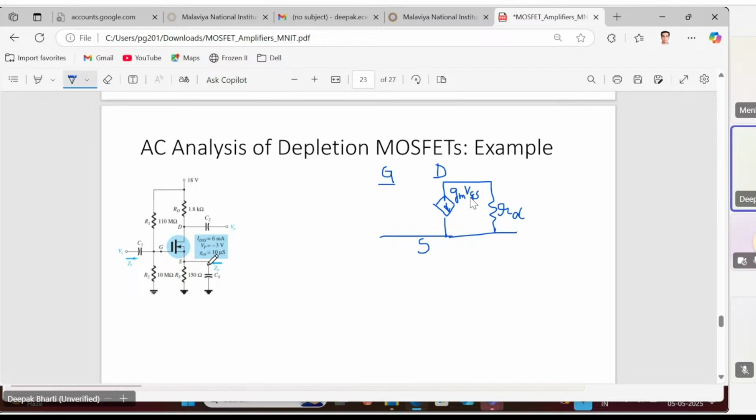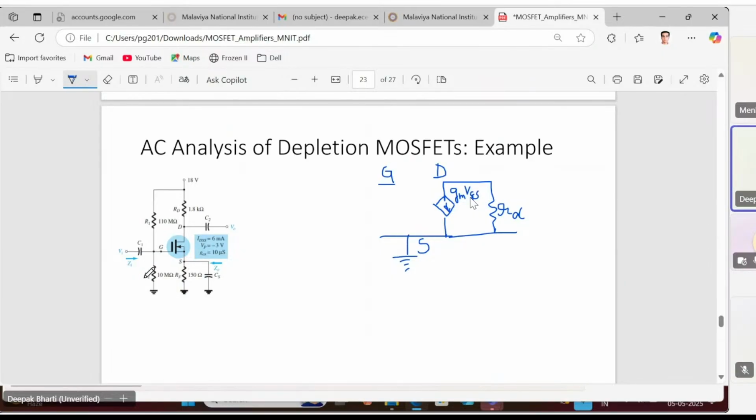So during the AC analysis, this capacitor will be short circuited and the source will be directly connected to ground. So the ground is at the source terminal, and this RS will be eliminated because of this bypass capacitor, and the source remains at the ground.